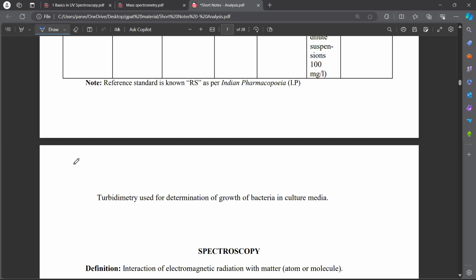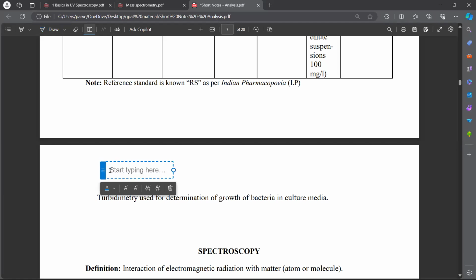A compound which possesses a chromophore becomes UV active, and the chromophore imparts color to the compound. Chromophore is for unsaturated compounds, while auxochrome is for saturated. So there are two types of chromophores.